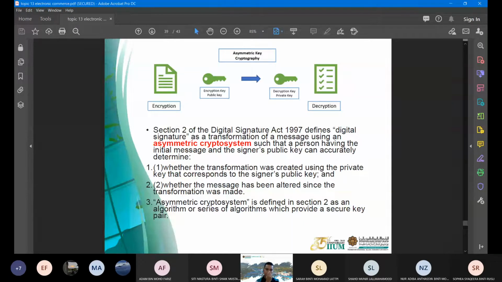Dia ni macam you're using a kind of encryption key in order to sign a particular or approve a particular document. Katalah macam a company, they decided to have this digital signature system. So the CEO has the authority to approve any agreements, sign any agreements or approve any particular thing relating to transactions of the company.